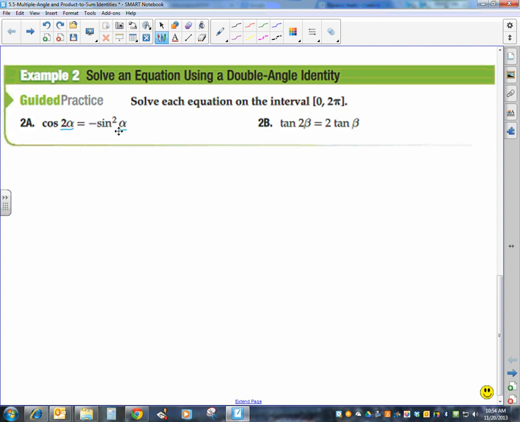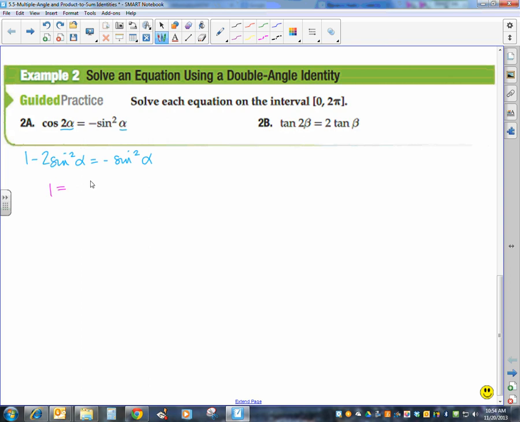I have sine squared over here, so I'm going to use the substitution of 1 minus 2 sine squared alpha equal to negative sine squared alpha. Okay, I have one trig function, so to simplify that, I'm just going to put my trig functions on one side and my variables on the other.